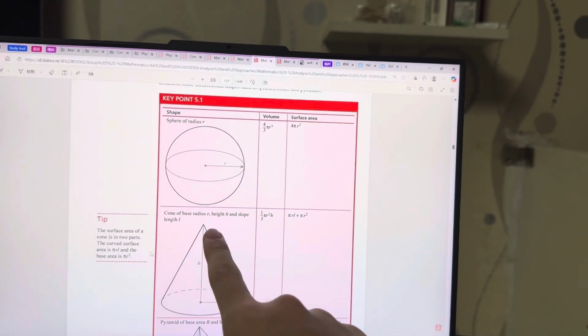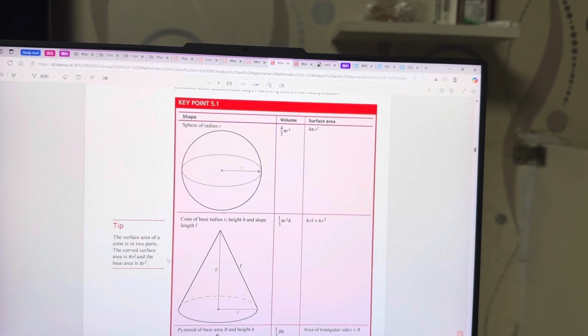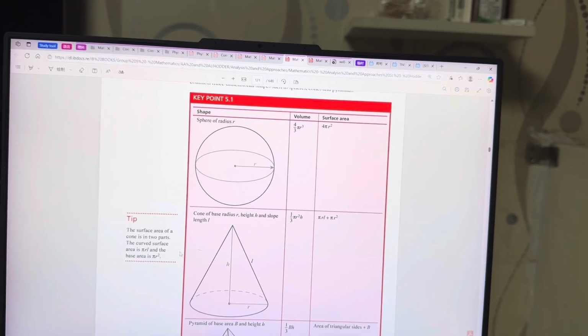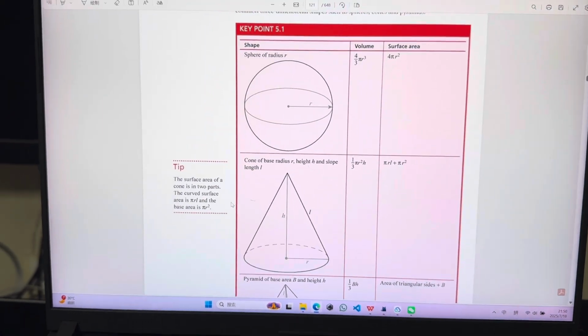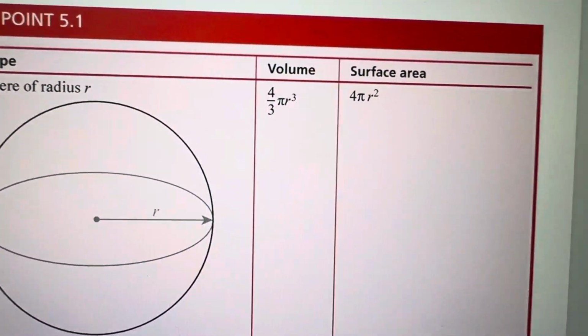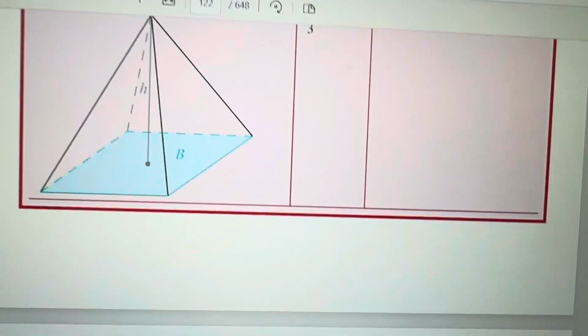Because right now, with everything we know, we cannot really prove it in a strict way. Yeah, so you just have to remember those formulas.